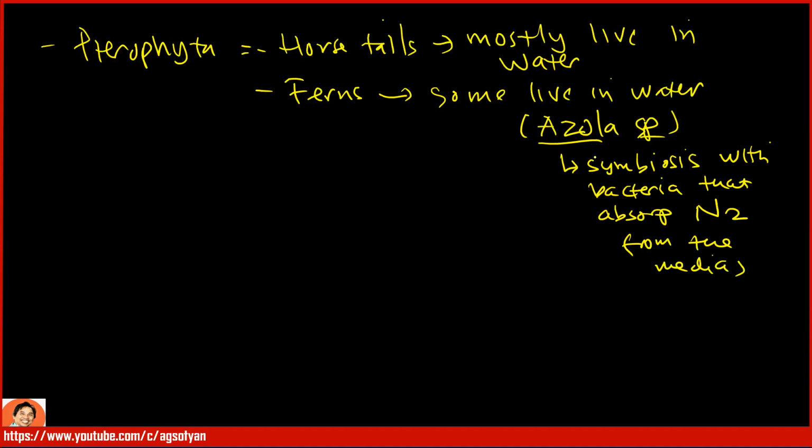Okay, so the Azolla root makes a symbiosis with bacteria that absorb nitrogen from the water.